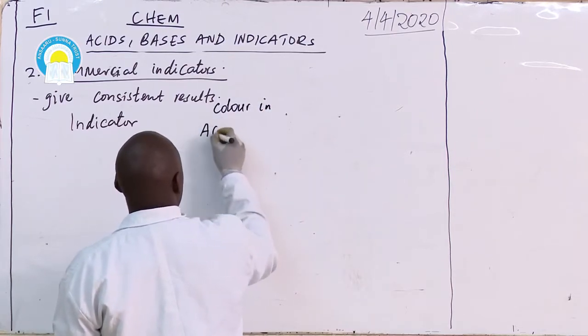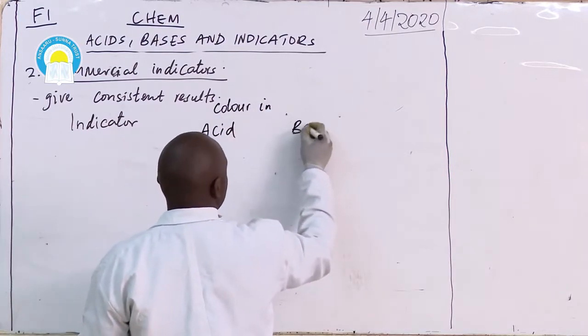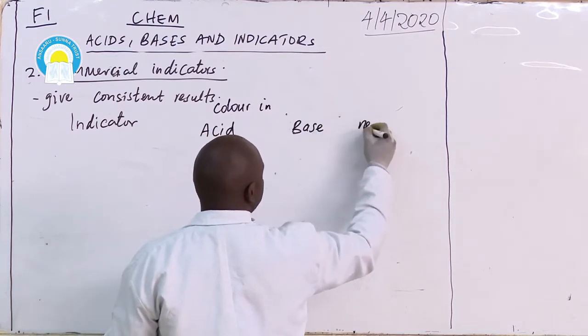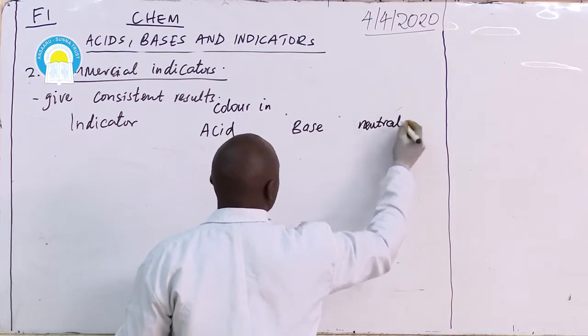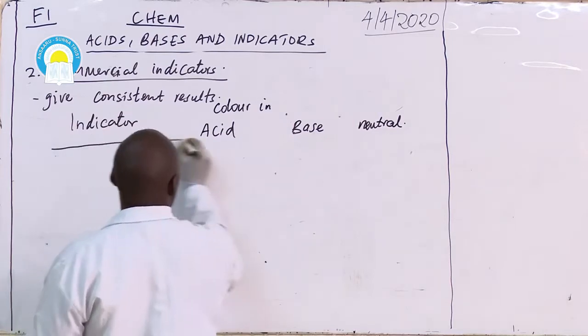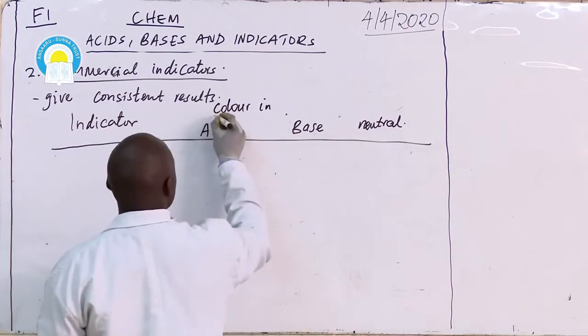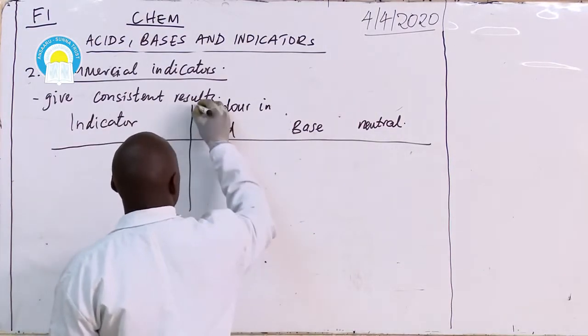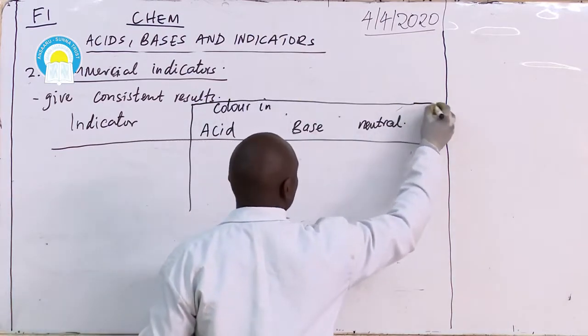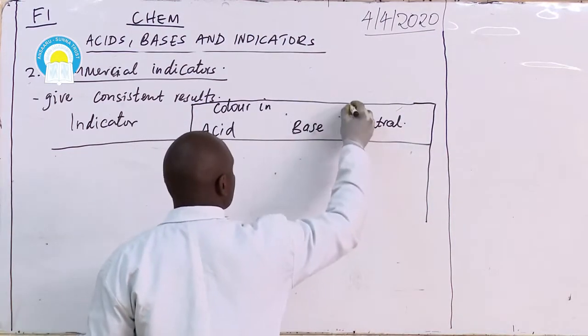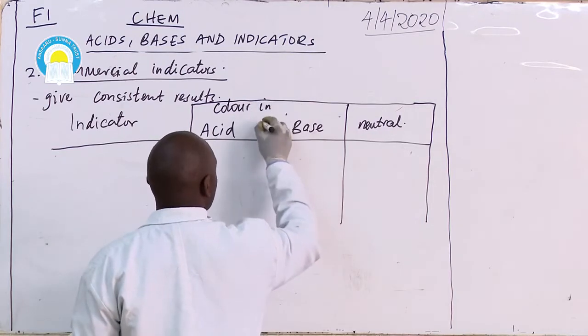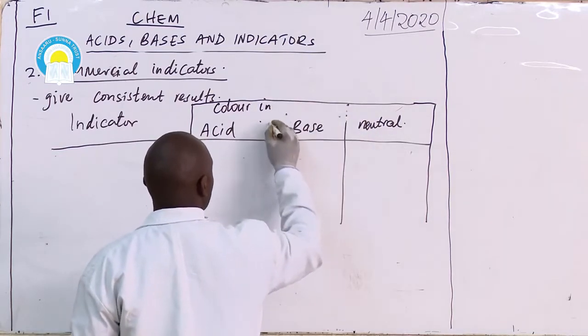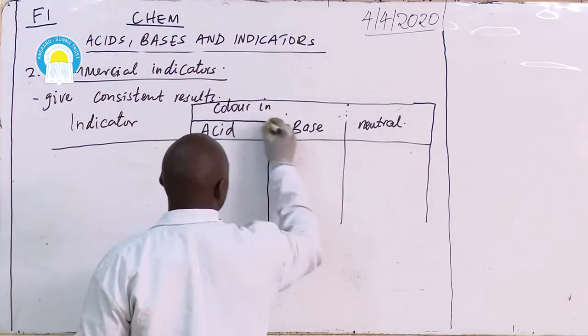So I start here, acid, base, and then we have some substances which are neither acidic nor basic. Not all substances are acidic or basic. Some substances are not acidic, they are not basic. Such substances which are not acidic or basic, we call neutral substances.